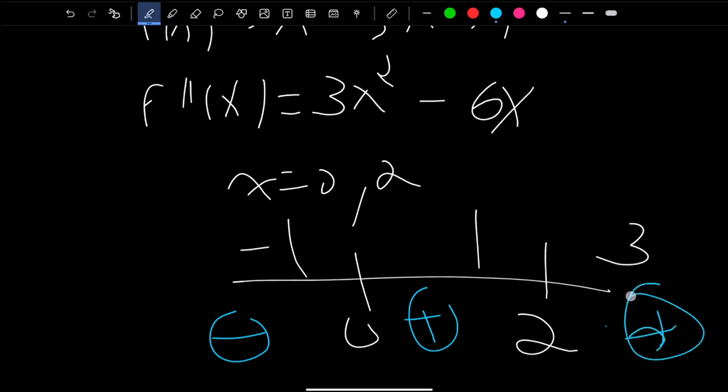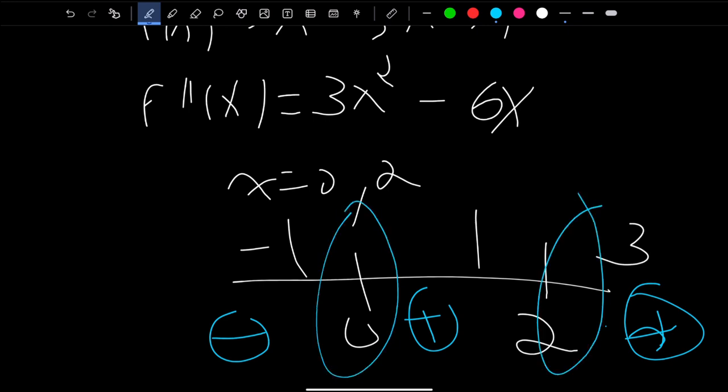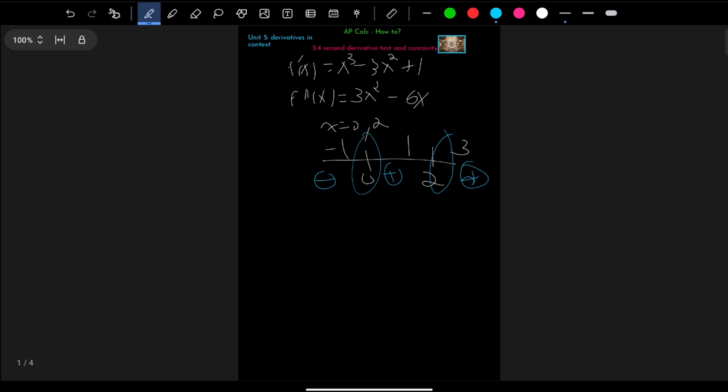So this is also positive. And we find that there's a local minimum at 2, max is 0. That's easy.